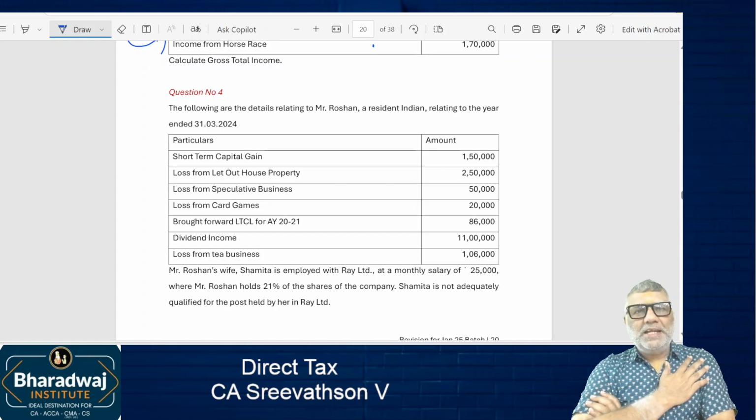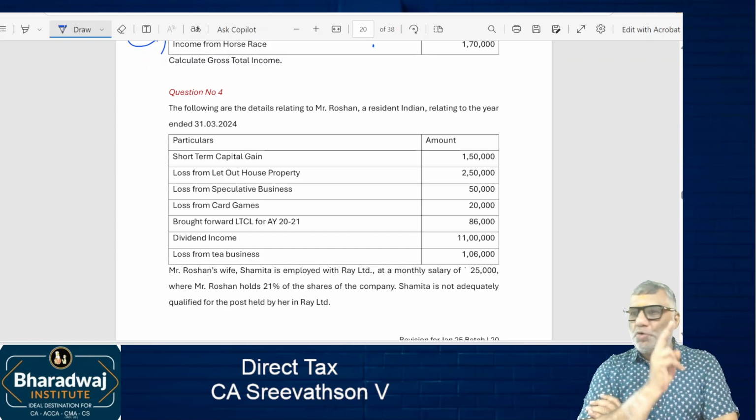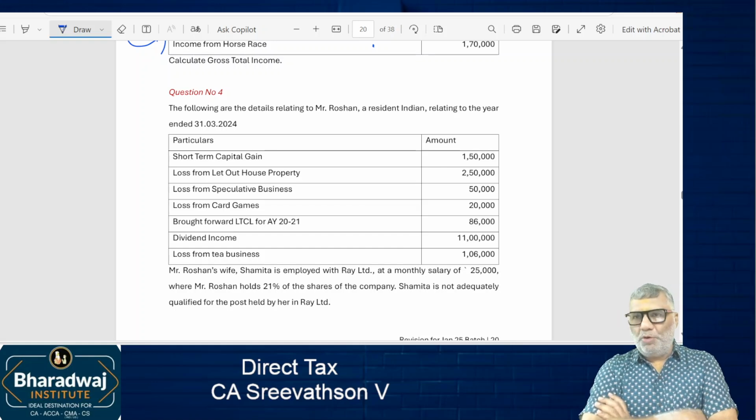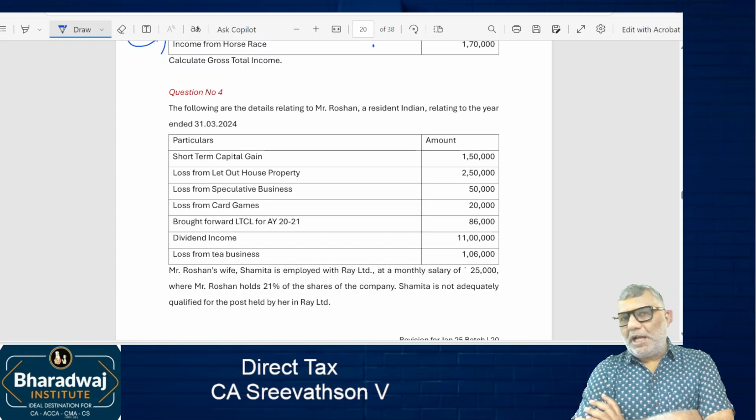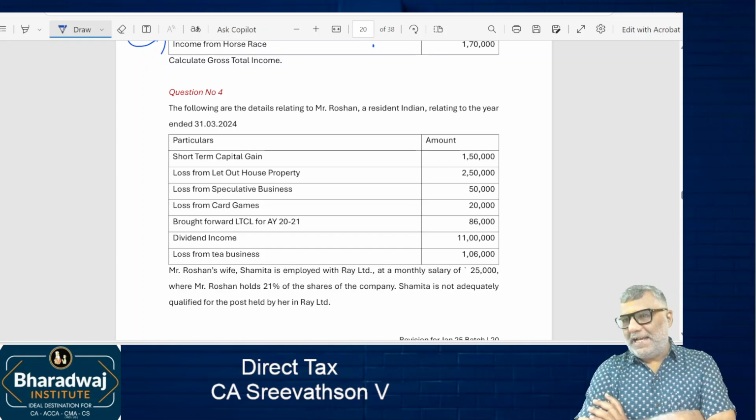Where a person is a substantial interest holder, 20% or more, and the spouse is employed in the same concern, then the remuneration of the spouse will be clubbed with the hands of the other spouse. However, where the spouse is employed due to technical qualification or skill set, it will not.